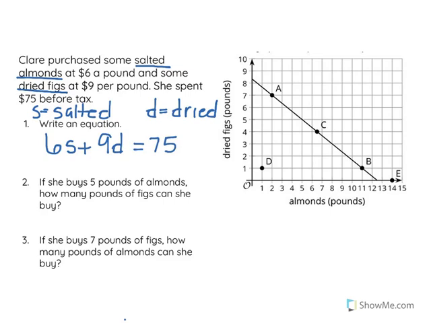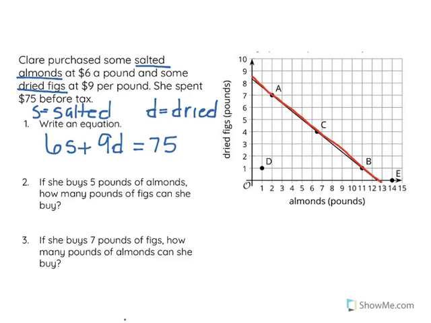So again, remember we see that it says $6 a pound. So that's when we know we're going to be multiplying. So this is our equation right here. Now what we want to do is we want to be able to use this graph. So what this line represents on the graph is every possible combination of salted almonds and dried figs that could lead up to $75.